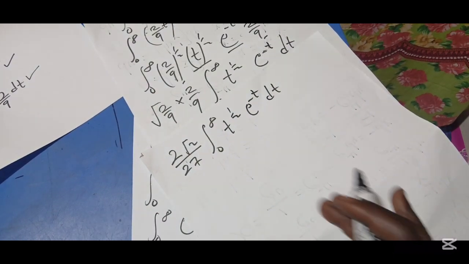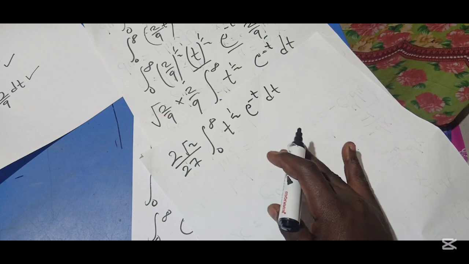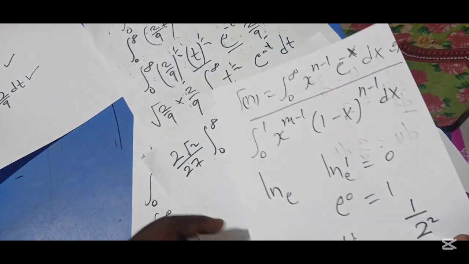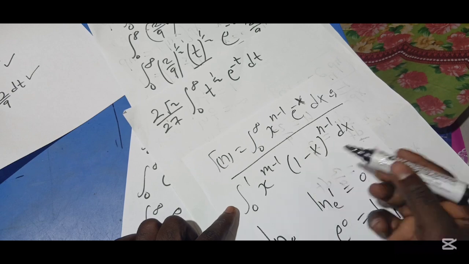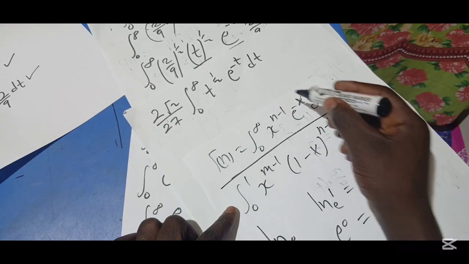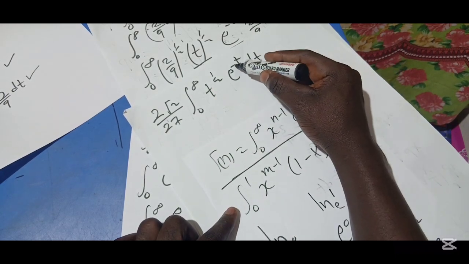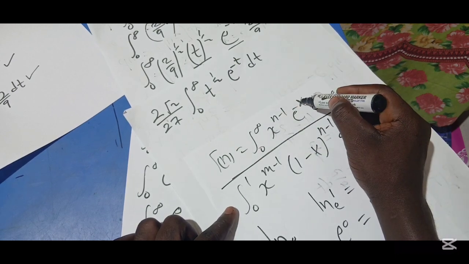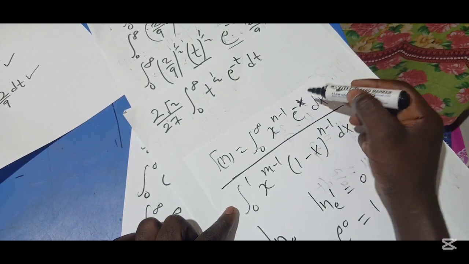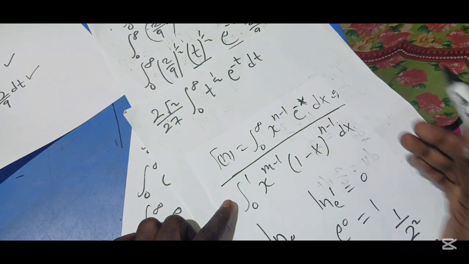If we compare this one right here to the general definition for gamma functions, you will see that it actually matches. The power of our e is negative t, and it matches with negative x. So we are good to go.